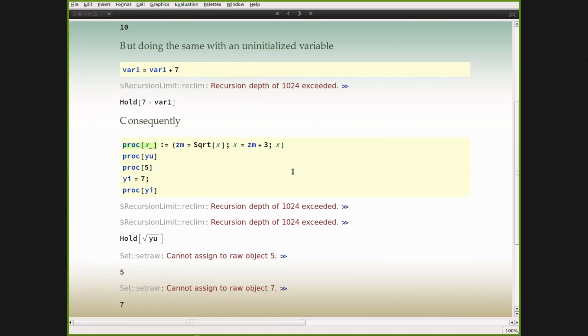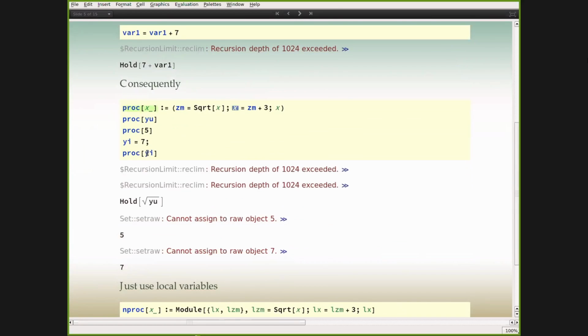So it looks like nothing is wrong here, because it is just regular computation with some global variables: set the square root to zm, then to what you have obtained, add 3 and set it to x. But you can see that it very rarely works.